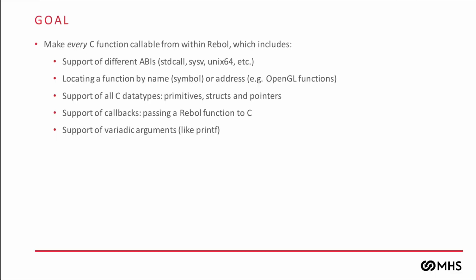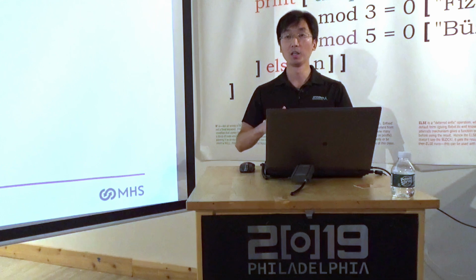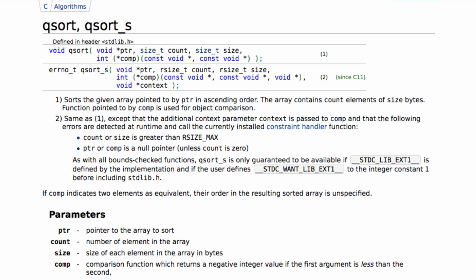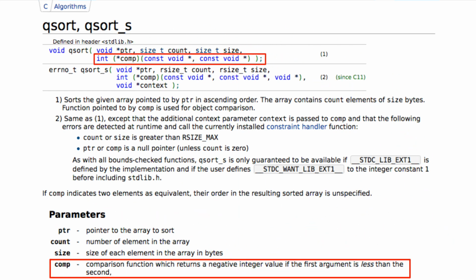Another thing is supporting callbacks. It's very common to pass a function to another function because in C there's no generic or function object as in C++. So for some of the generic algorithms, you have to pass in some callbacks to do certain things.